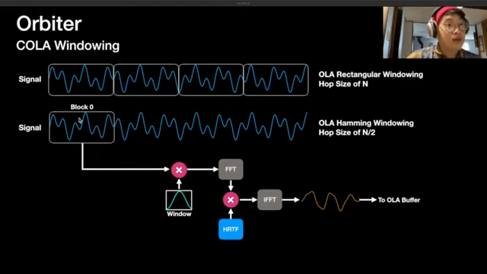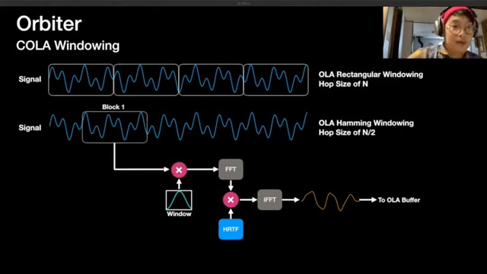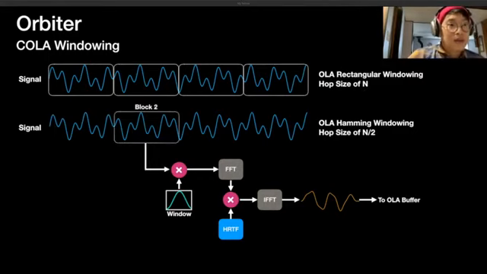But in this approach, we take a block of samples, we apply a window to it, and apply the processing that we want to do. For the next block, compared to the previous approach, instead of moving n samples, we move half the amount of samples, carry on with the processing, and so on and so forth.